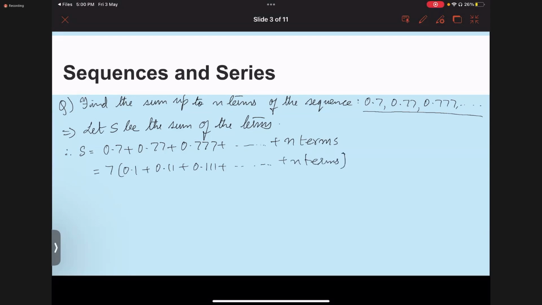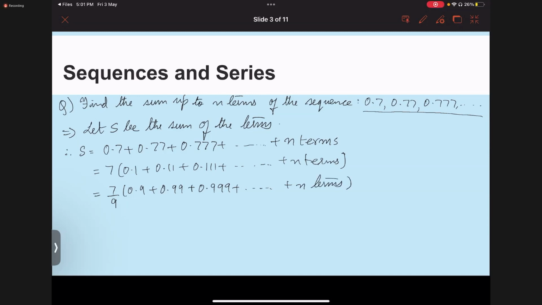Then suppose you multiply and divide the entire right hand side by 9. So 7/9, and you multiply the numerator and you put 9 also in the denominator. So you get 0.9 plus 0.99 plus 0.999 plus all the way up to your n term.